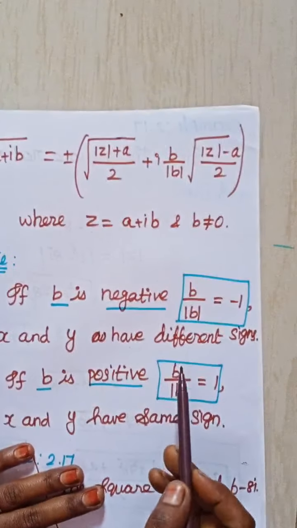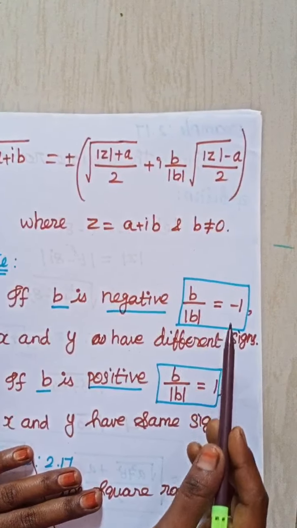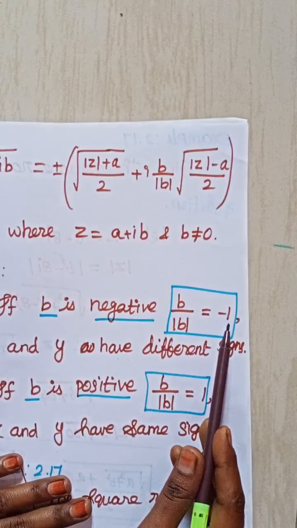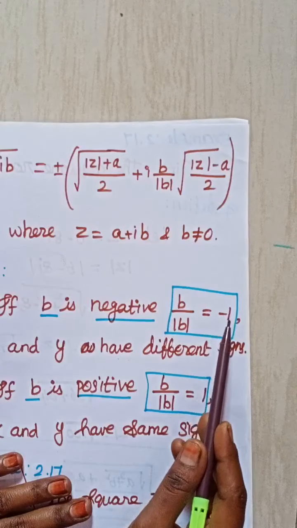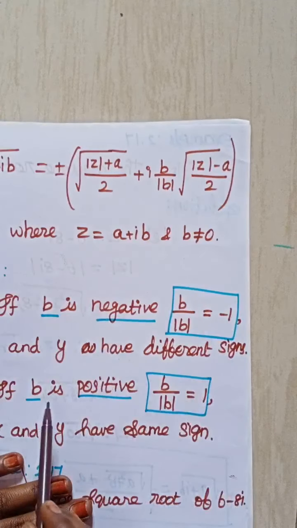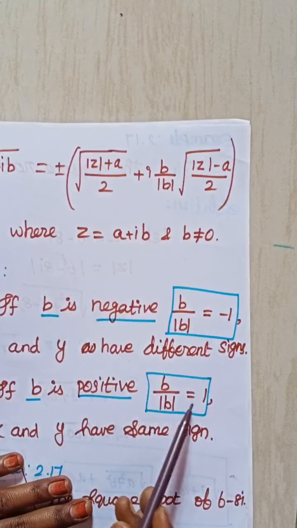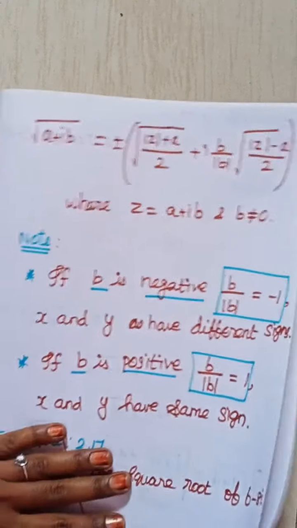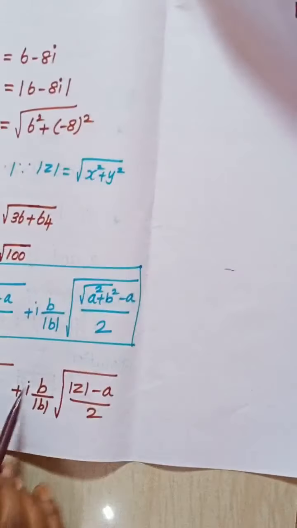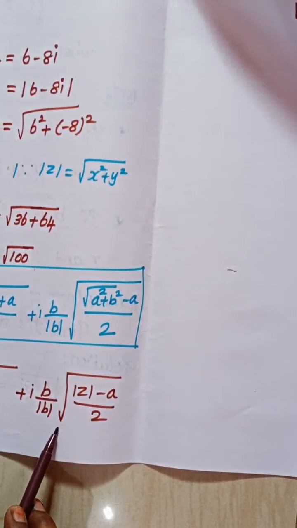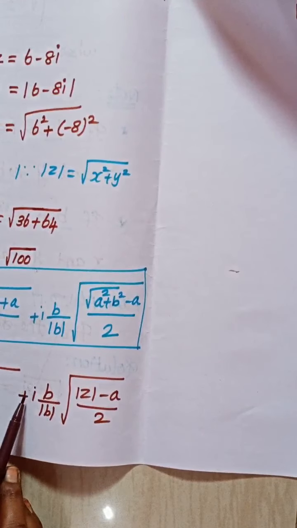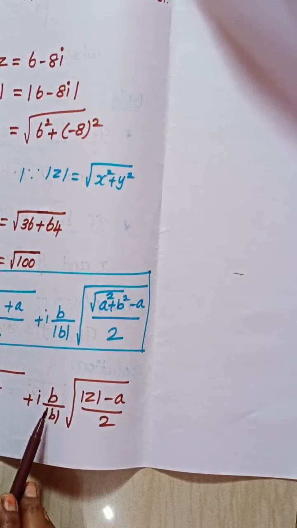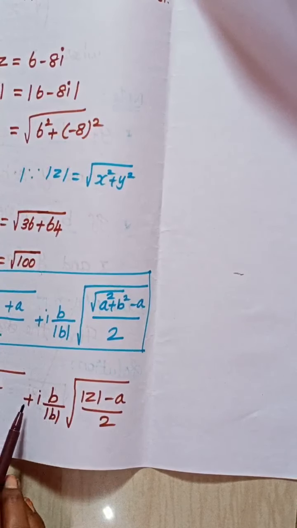If b by modulus b is negative, that is minus 1, it means b is negative, and if b by modulus b is positive, it means b is positive. So here the formula changes. If b by modulus b is positive, write plus here; otherwise, if b by modulus b is negative, write the minus symbol here.